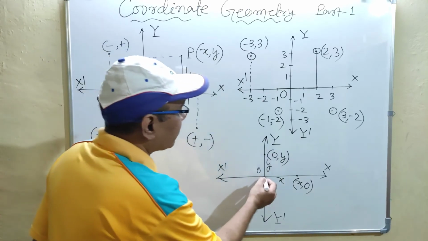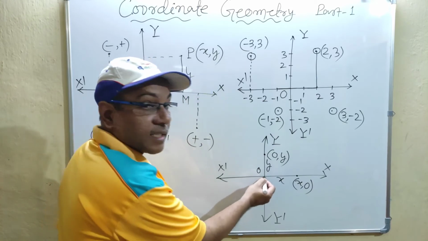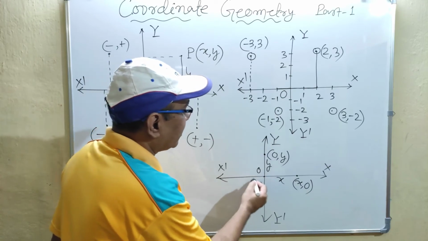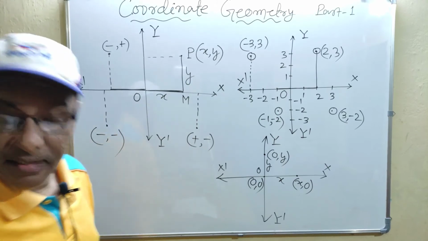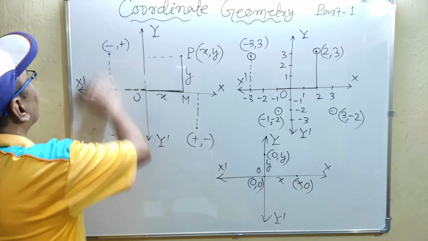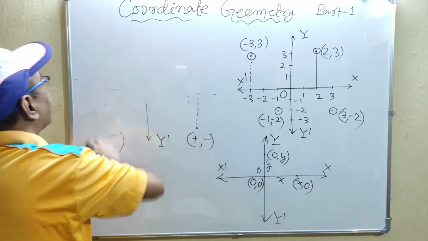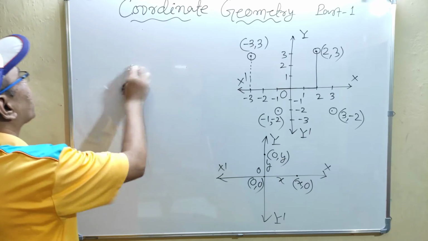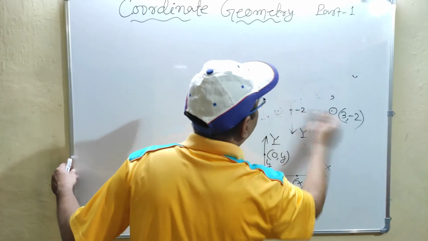What will be the coordinate of this point? Means this origin, its distance towards x-axis is 0, towards y-axis is also 0, so this point will be written as (0, 0). So coordinate of origin is written as (0, 0). Okay, so I hope you have understood what coordinate of a point means, and how we can write coordinates in different quadrants, whether the point lies in first, second, third or fourth quadrant.